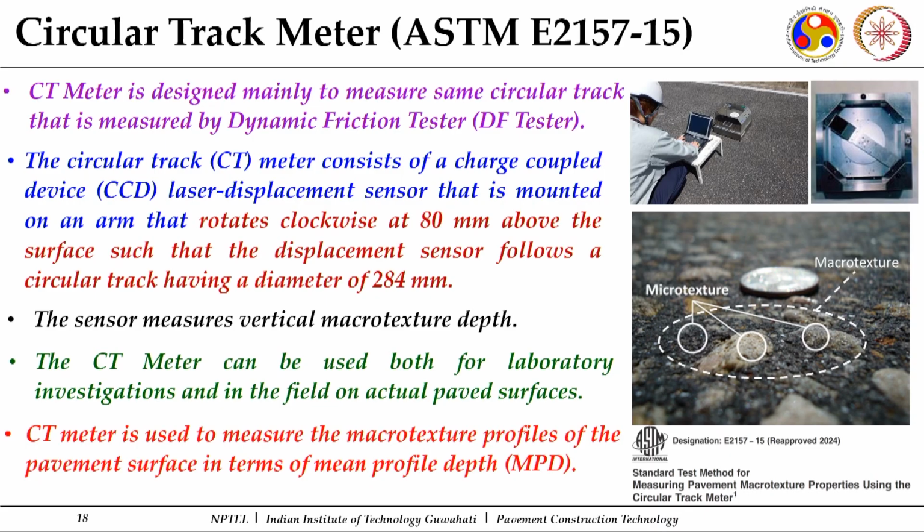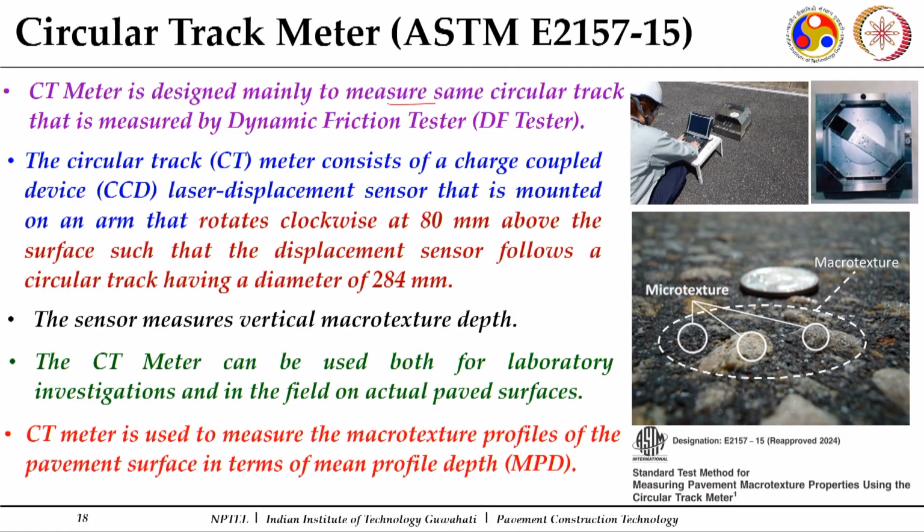Now, the other one is a circular track meter, specifically for the texture which we are comparing through the sand patch method. We can get this information from the circular track meter also, and this is specifically because we want to correlate it with the dynamic friction test measurements.